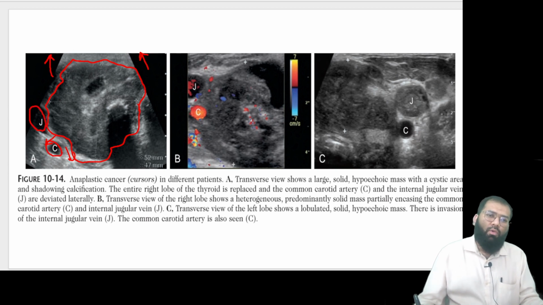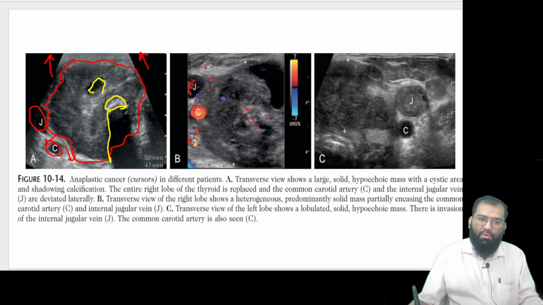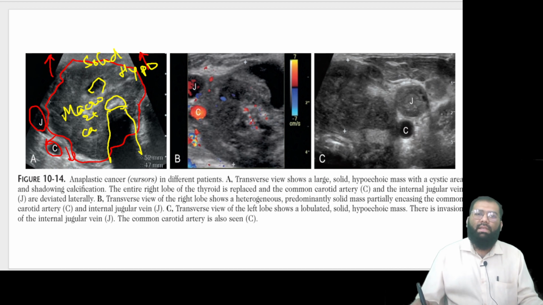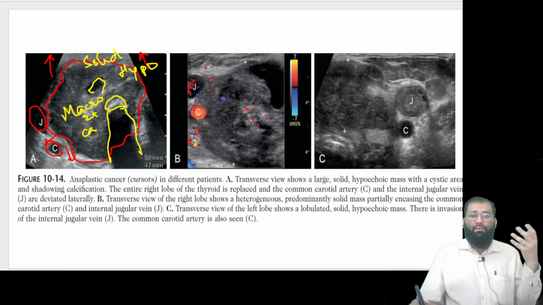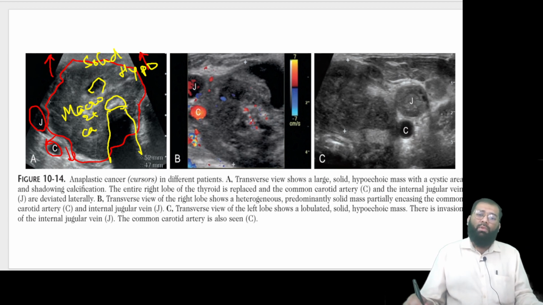Now, moreover, if you look inside, can you see that there are few cystic areas and there are areas of calcification which is showing posterior acoustic shadowing. Okay, so you are able to see that this is solid, hypoechoic, and you can see that there are macrocalcifications. So whenever you have this, these are features of anaplastic CA. Of course, this would go with Thyroid's 5 because of its size, its solid component, echogenic areas within.